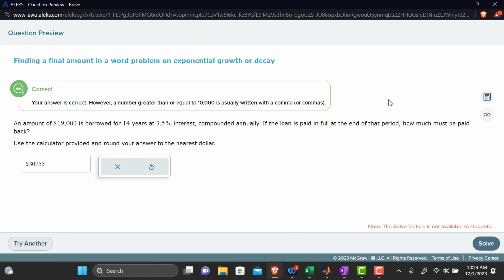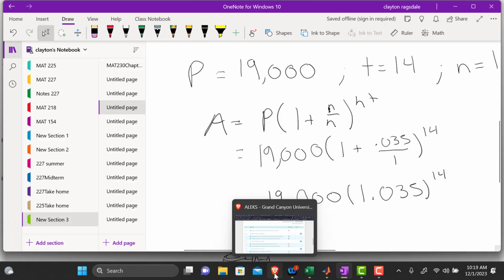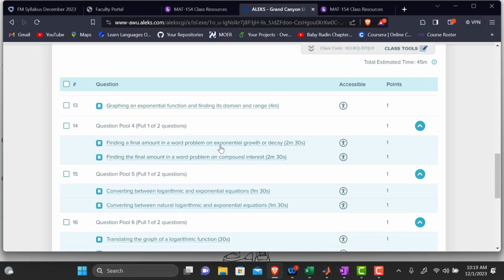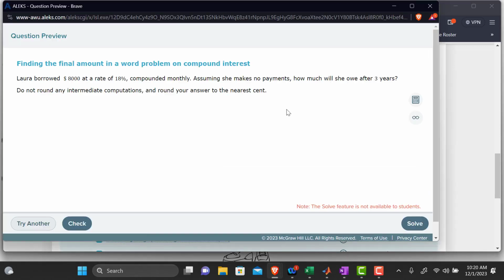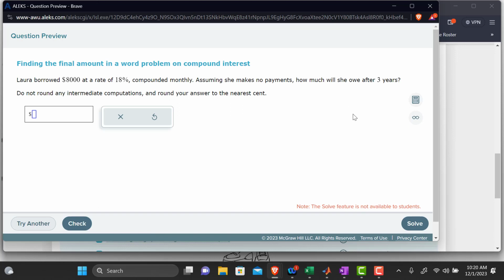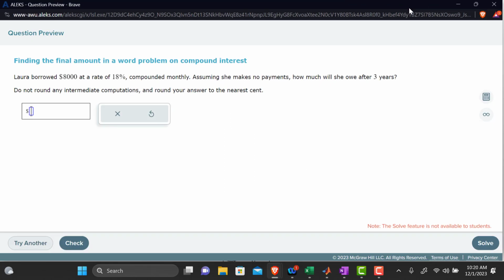Then we're going to go over that equation one more time in our next example. So let's go back. Now the only difference between this problem and the previous one is says they borrowed $8,000. They have an interest rate of 18%. That's very high. It is compounded monthly.